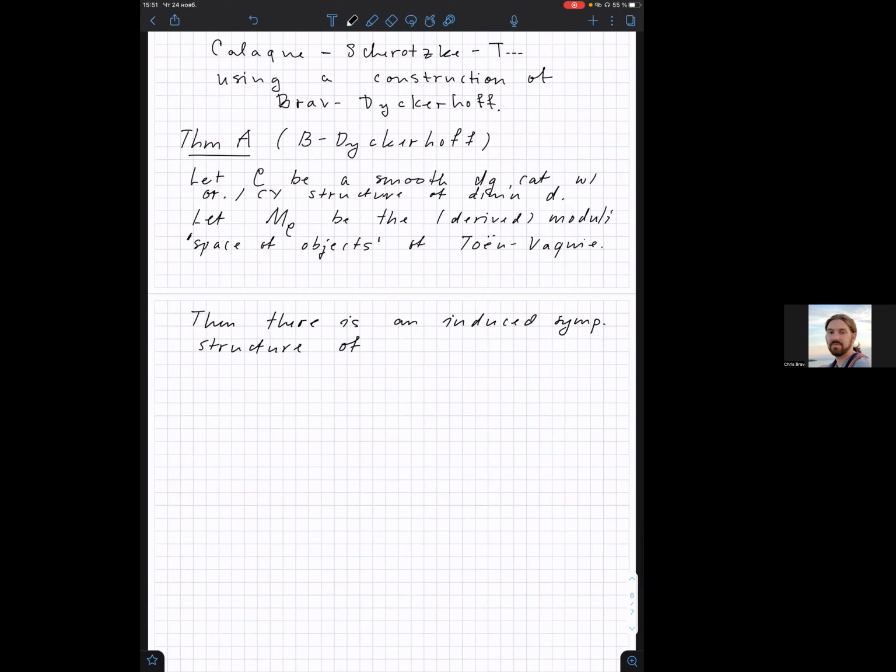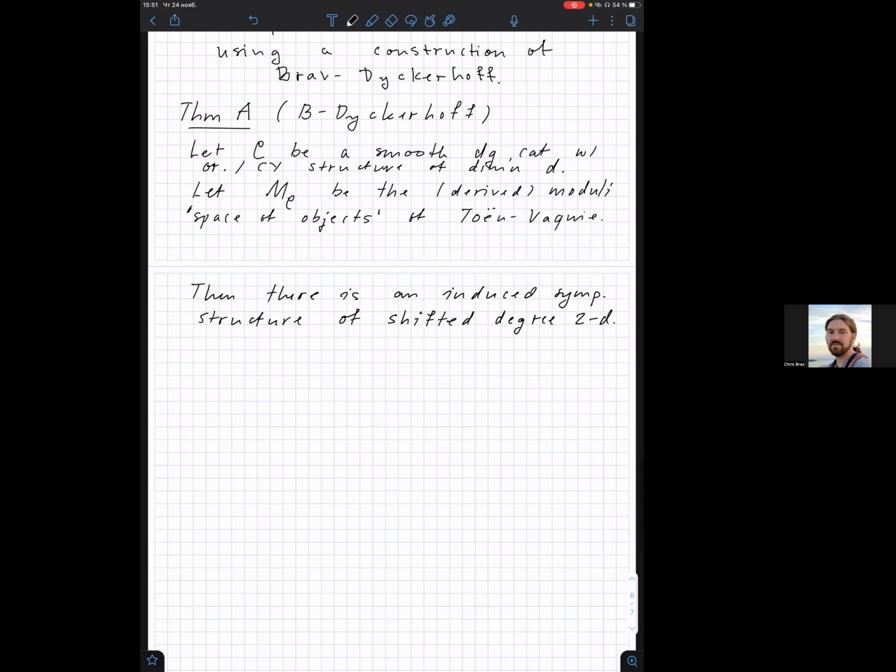If D is not equal to 2, this symplectic form, it's a 2-form, but because we're in a derived moduli space, that's valued in wedge 2 of the cotangent complex. And you can shift that up and down. So a 2-form there can have a degree. So I've shifted degree 2 minus D. So when D equals 2, you don't see this shift.